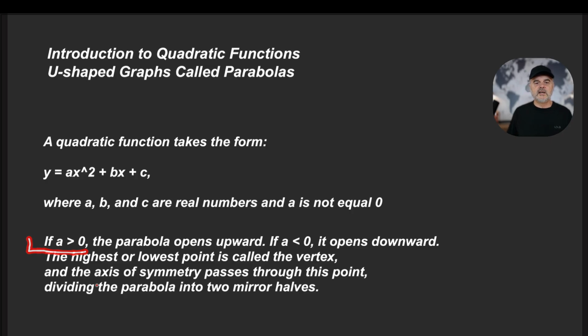If a is negative, how does it impact the direction of opening of a parabola in comparison to positive a? And also the key features like the vertex, y-intercept, x-intercept if available, axis of symmetry, and minimum value, maximum value, things like that will be discussed in this series of videos.